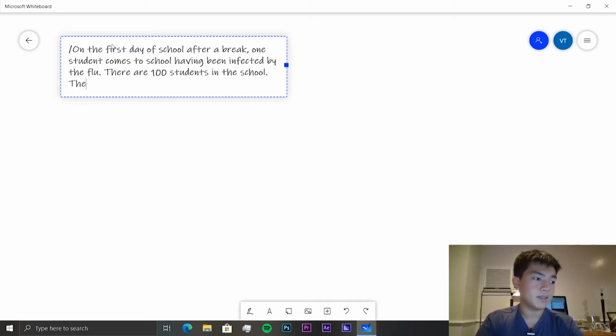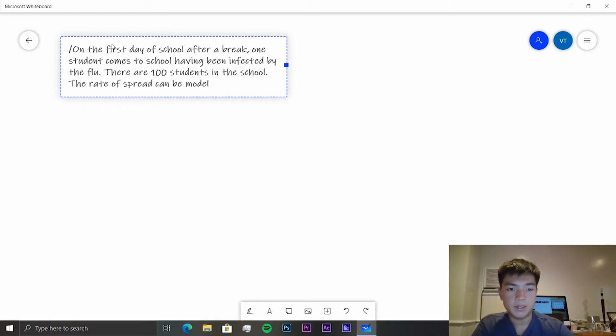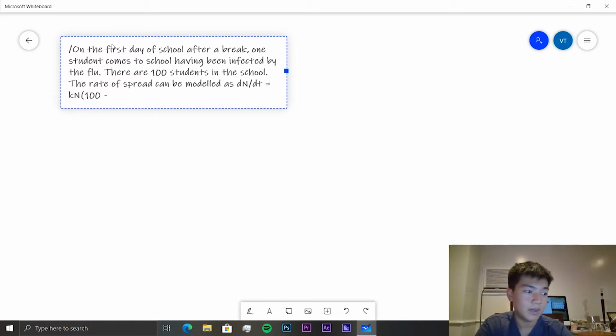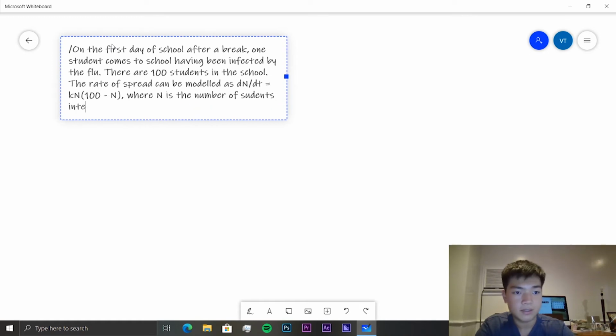The rate of spread can be modeled as dn over dt is equal to kn times 100 minus n, where n is the number of students infected after t days.